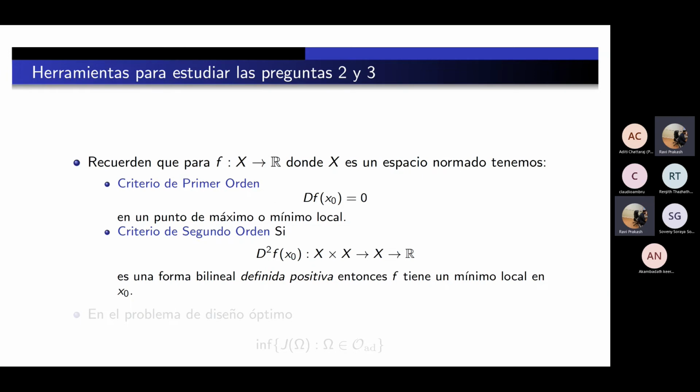The derivative at a point is a local approximation, an affine approximation of the function, given by a linear functional at the point. So df at x0 in this case will be the linear or affine approximation of the function at this point.